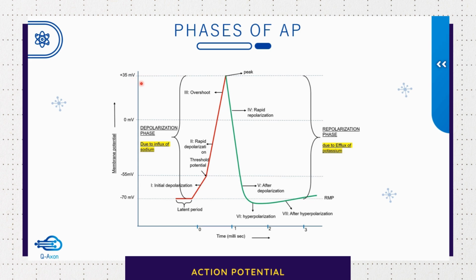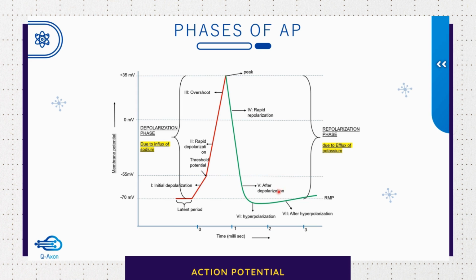Now at plus 35 millivolt, you can see that there is repolarization. So there is a phase of initial rapid repolarization, which is quite steep. And then you can see that this small phase is called after depolarization. It falls within repolarization. So this is between minus 55 millivolt, the threshold, and the resting membrane potential.